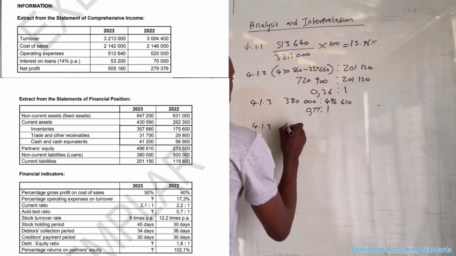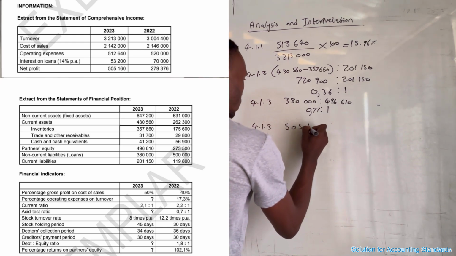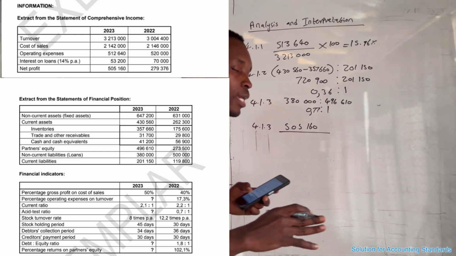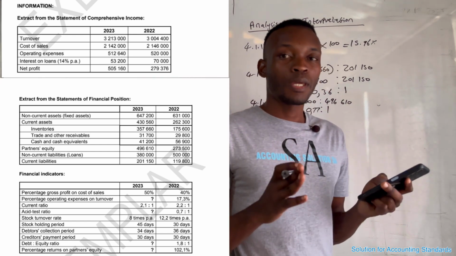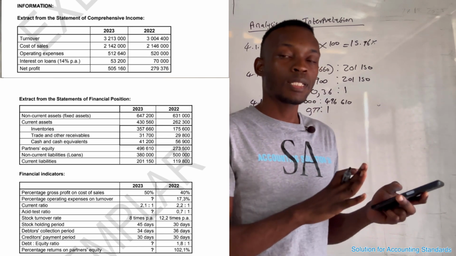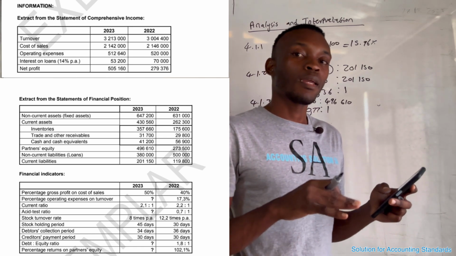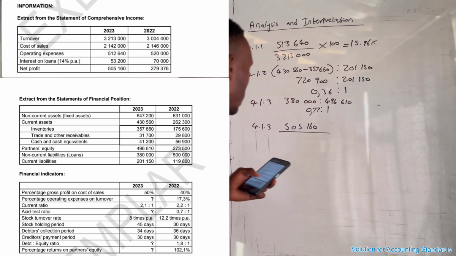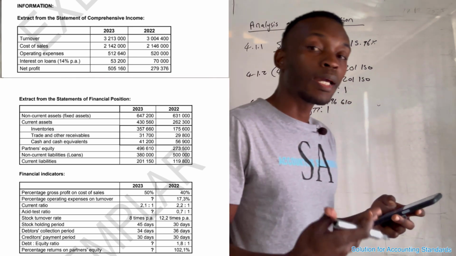So it's going to be 505,160 of net profit. If you don't know the formula, guys, it's a problem. I hope that you have a formula sheet on your side so that you are able to compare with these answers, né? Because formula sheets are normally given in your examination.